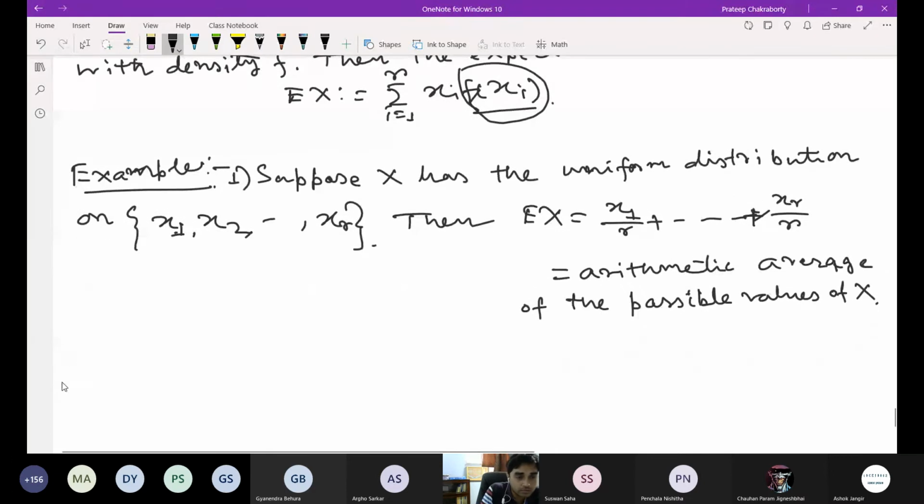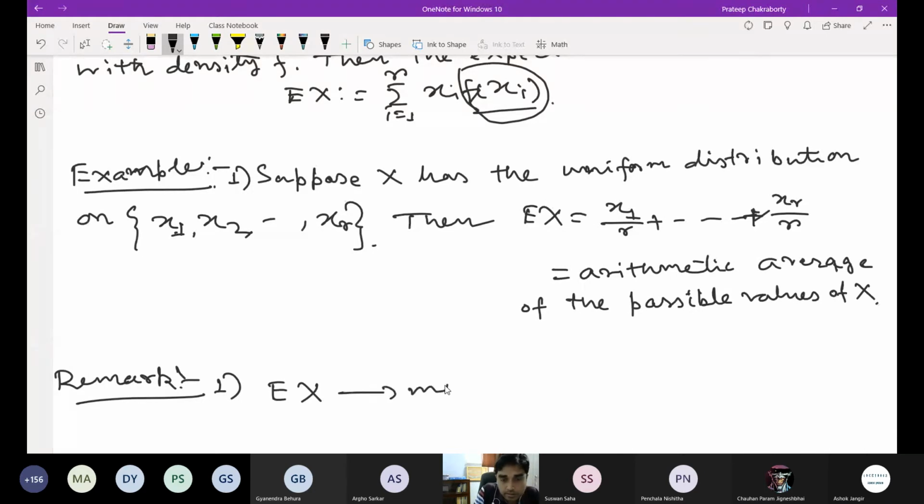So one remark: Ex is called the mean of x, which is denoted by mu.